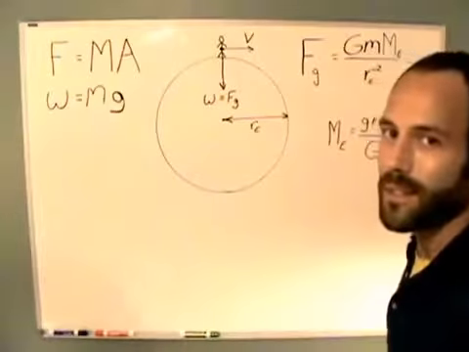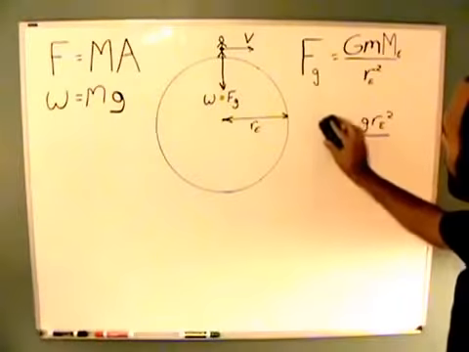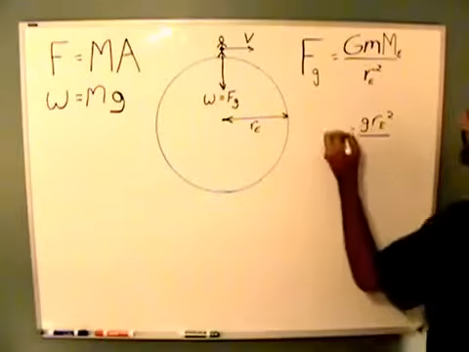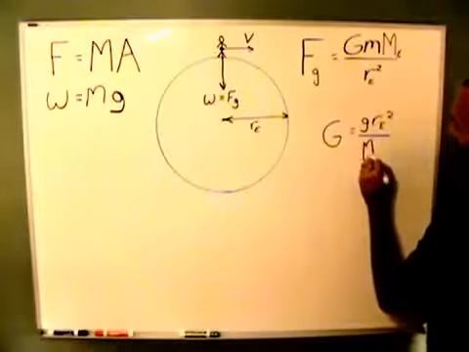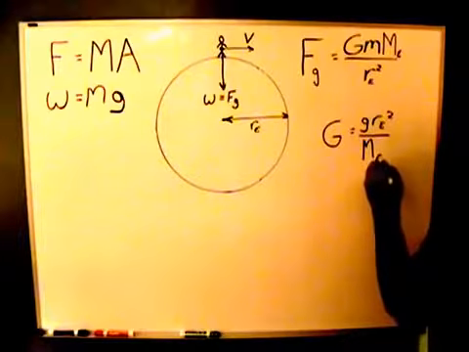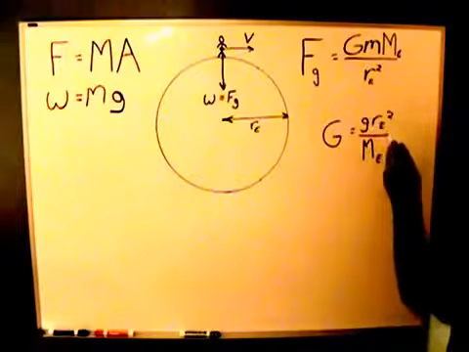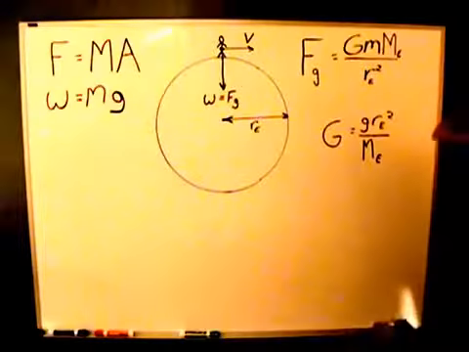What if they did this, or Cavendish did this? What if he said G is equal to the acceleration due to gravity, as he would have called it, times the radius of Earth squared, divided by the mass of Earth?